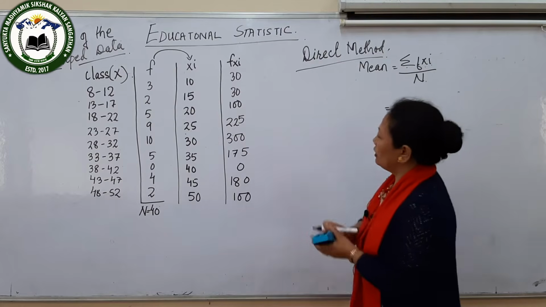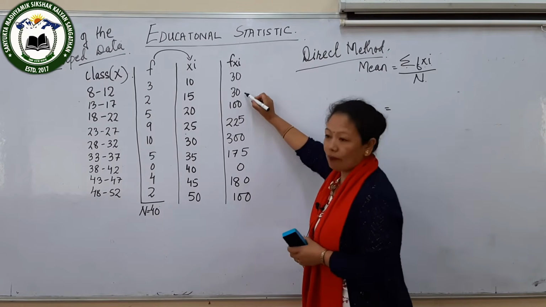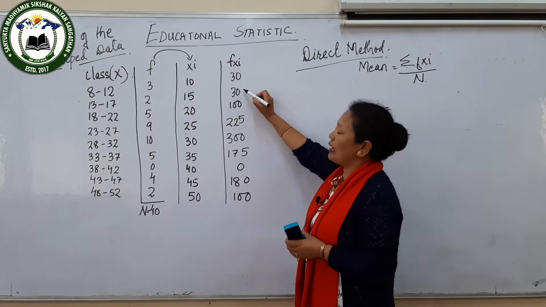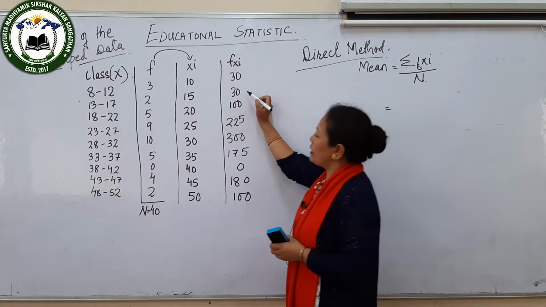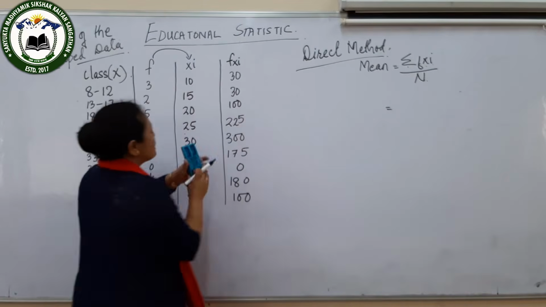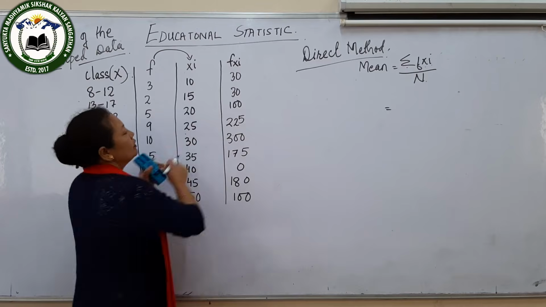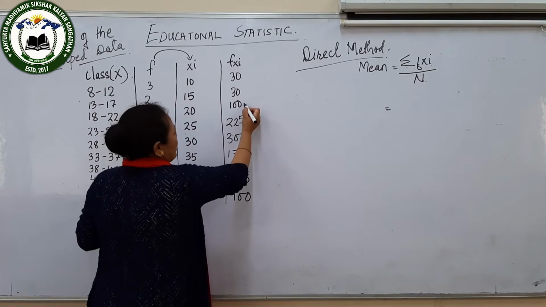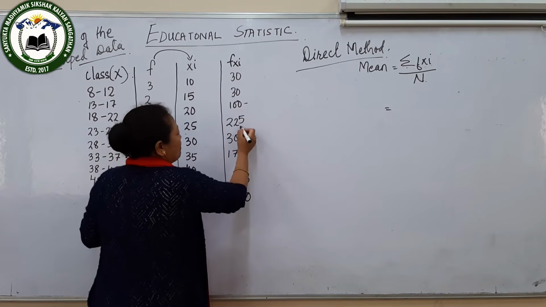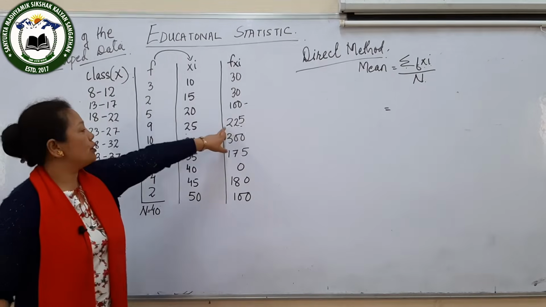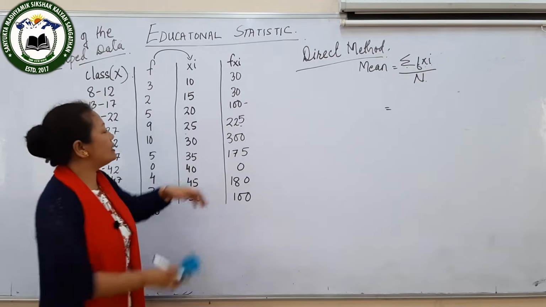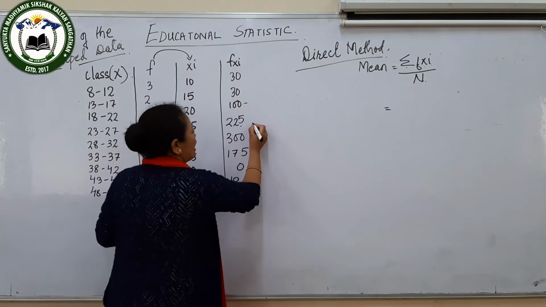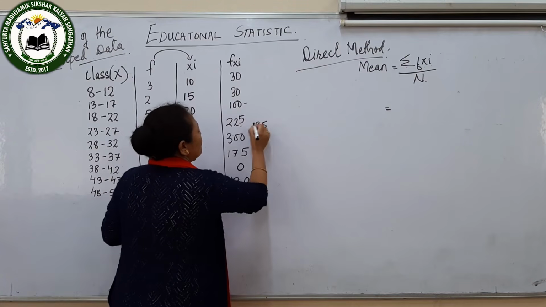Now over here you need to add these numbers. Okay, so 30 and 30, 30 is 60. Likewise 100 is 160. Now 160 plus 225 is your 385.